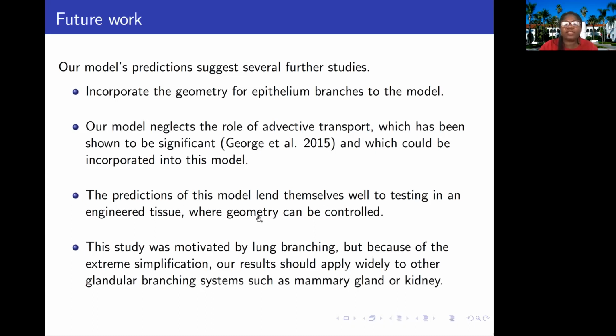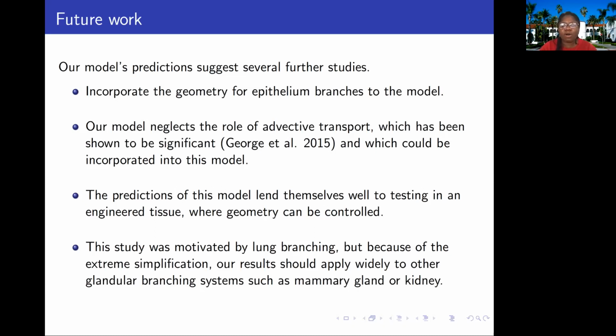The predictions of this model lend themselves well for testing in engineered tissue where geometry can be controlled. So that's the beauty of this model. This study was motivated by lung branching because it's well simplified, looks at just the main issues with lung development, and allows us to ask what is the minimum requirement to get these different branching patterns, the spatiotemporal difference in patterns.